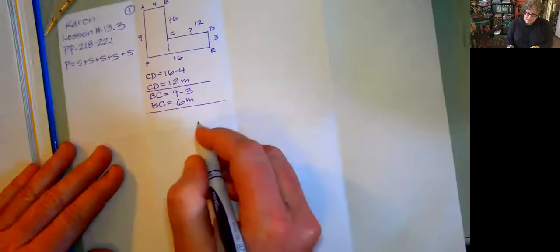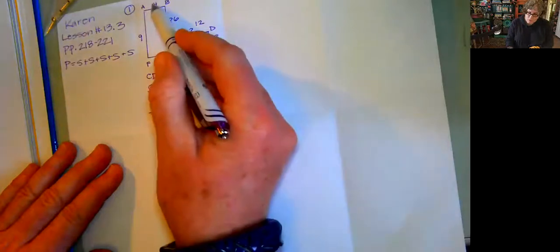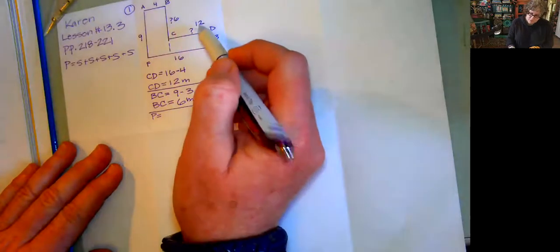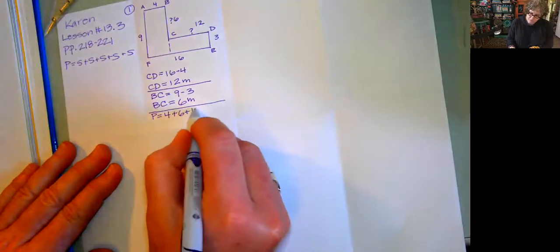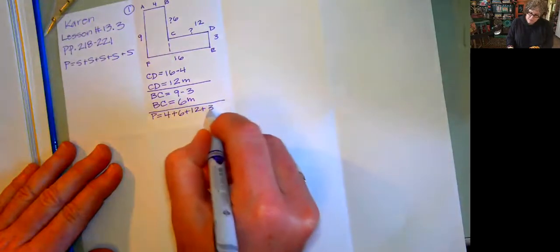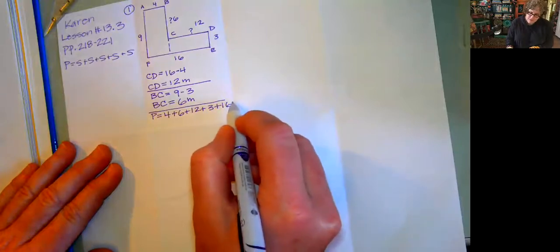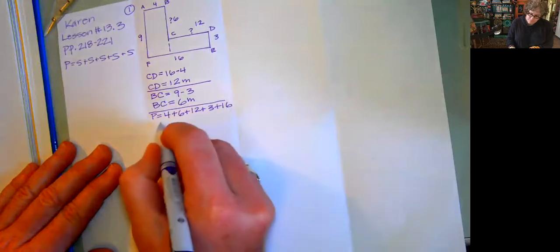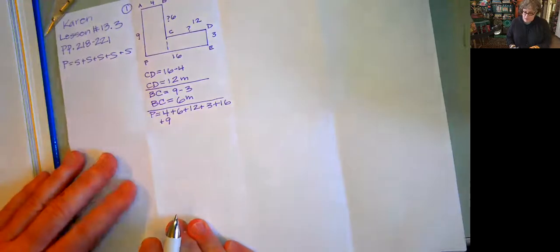So let's look at how many sides we have. We could say P equals 4 plus 6 plus 12 plus 3 plus 16 plus 9. Right? So that's going to be the total of our perimeter.